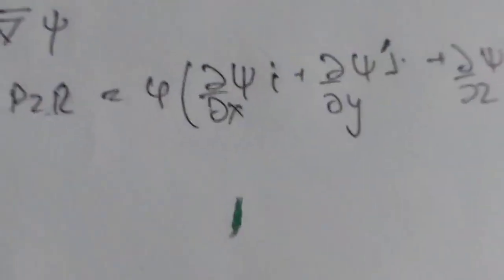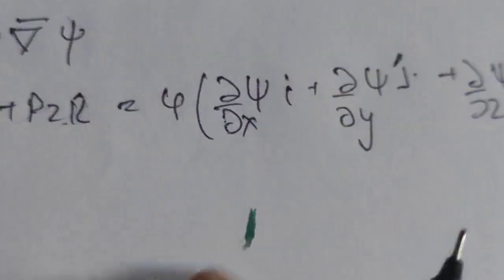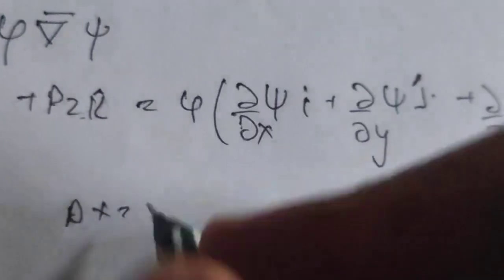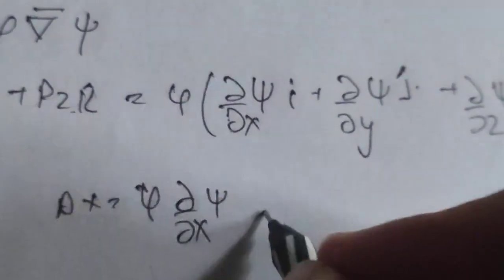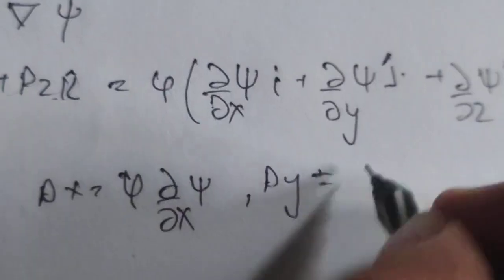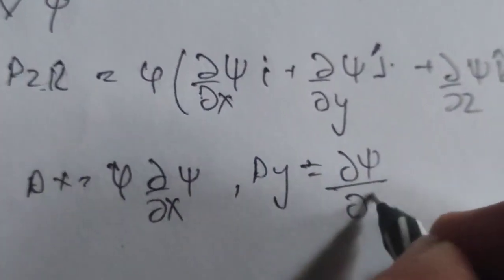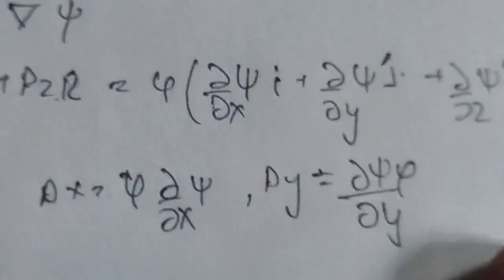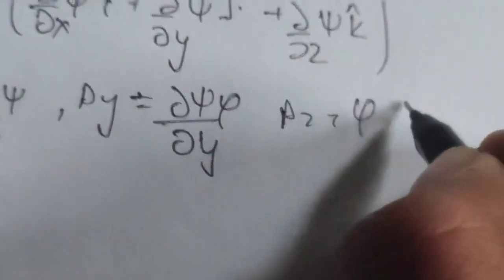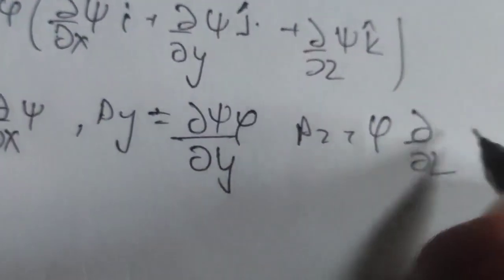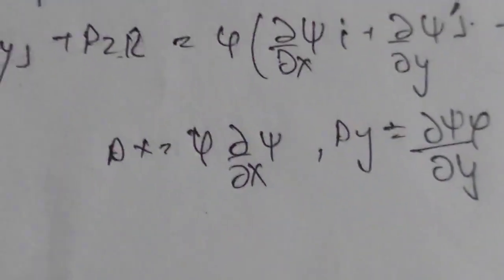Let's say it once again: for Ax it becomes phi del upon del x psi, for Ay it becomes del psi by dy into phi, and for Az it becomes phi d upon dz psi.